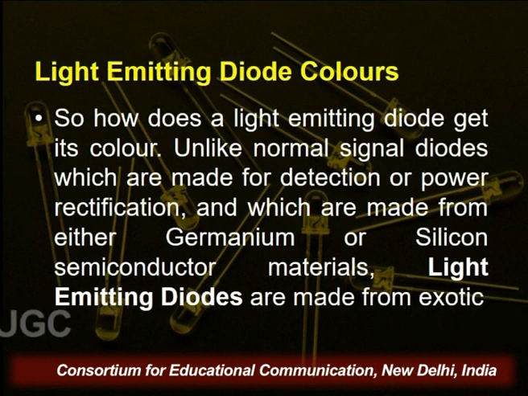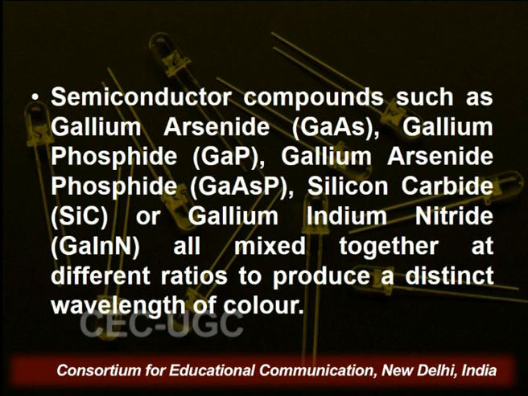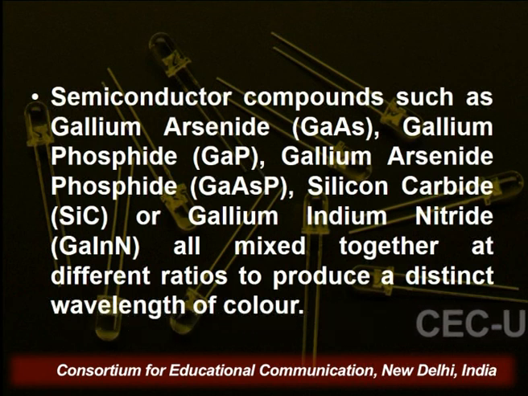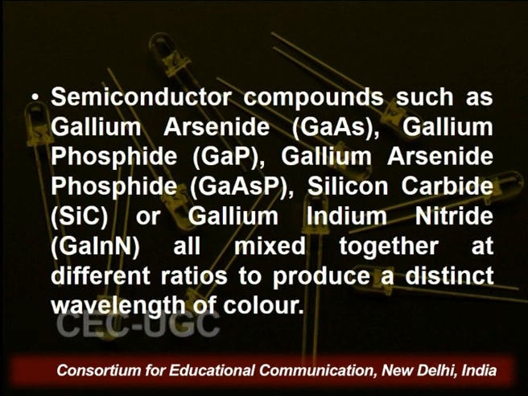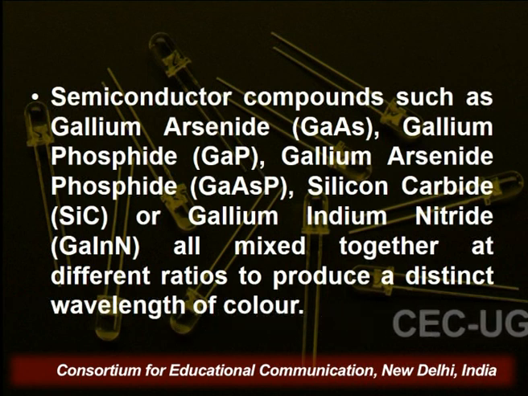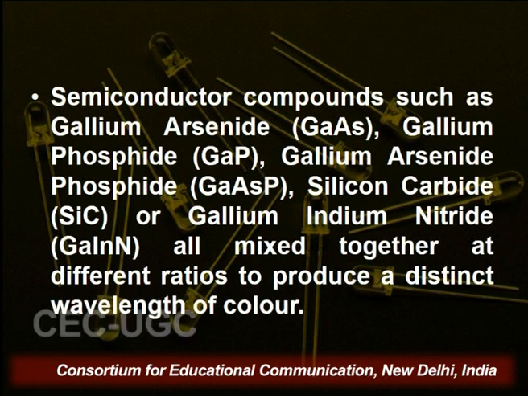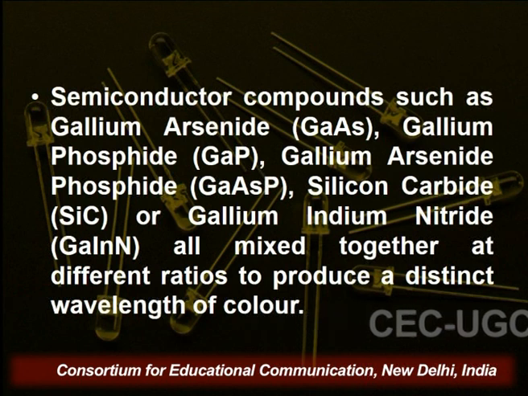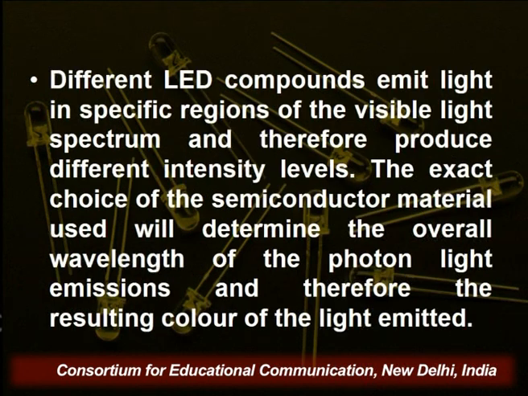Light emitting diodes are made of semiconductor compounds such as gallium arsenide, GaAs, gallium phosphide, GaP, GaAsP, sometimes a three-way combination, silicon carbide, and gallium indium nitride. We use all of these mixed together at different ratios to produce distinct wavelengths of colored light.